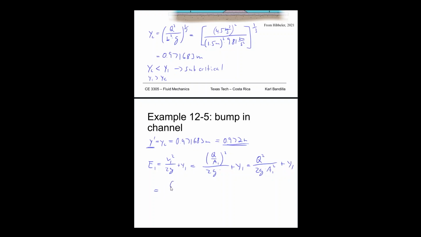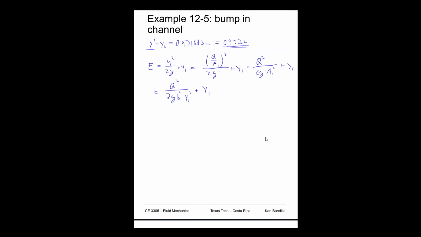And that's then Q squared divided by 2G times B squared times Y1 squared plus Y1, since A is a rectangle with the width and the depth at 1.